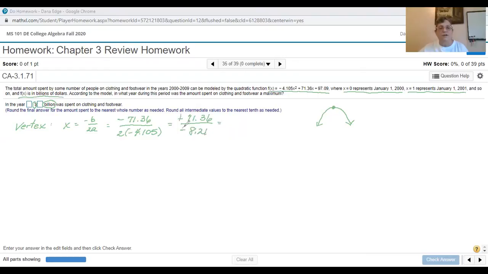These, of course, will be positive because 8.6918 and then some. Since the year does begin on January the 1st, then 8.69 whatever years later will be during the year 2008.